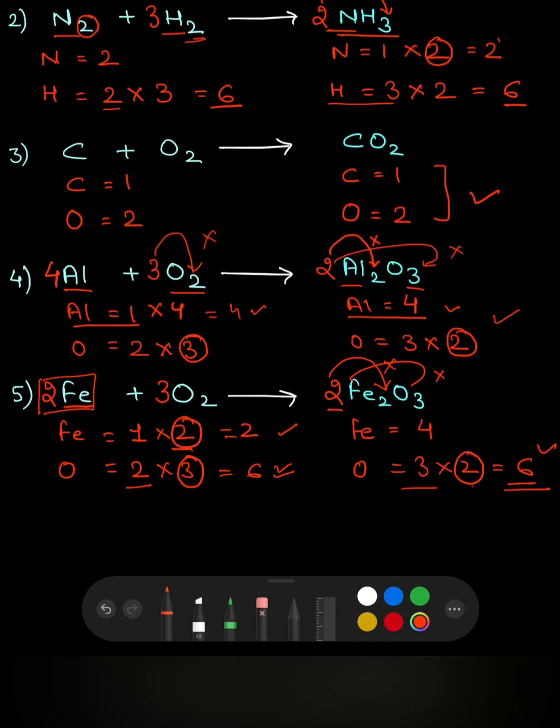So we have to erase the number for the iron and multiply it by 4 in order to have an equal number of atoms. Now this equation is completely balanced.